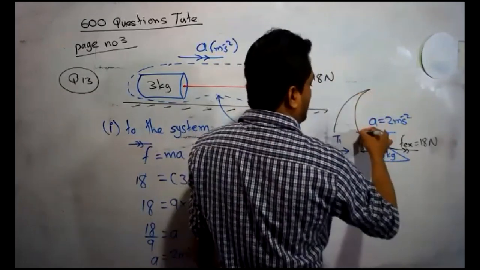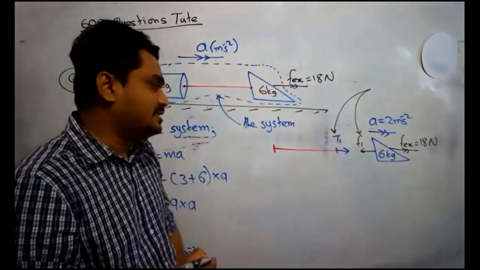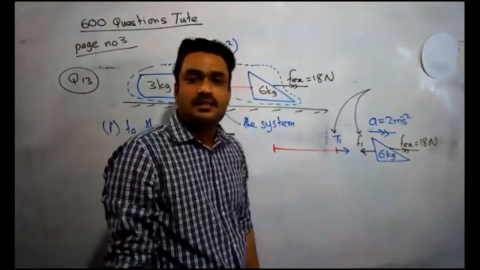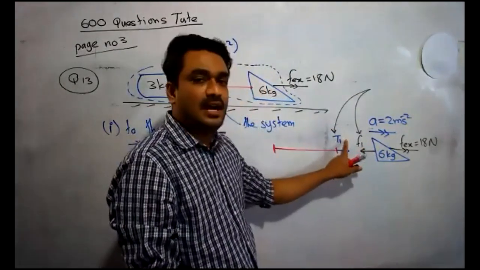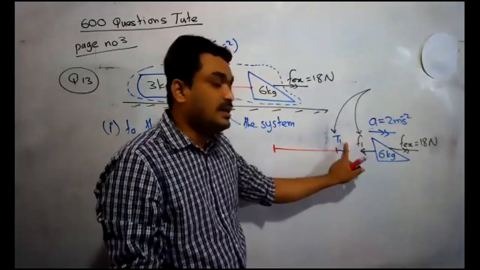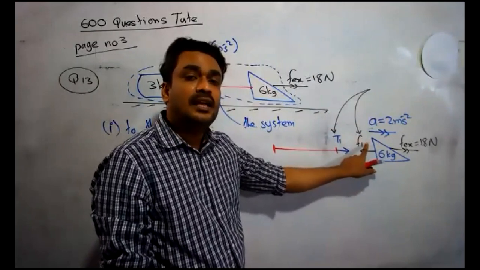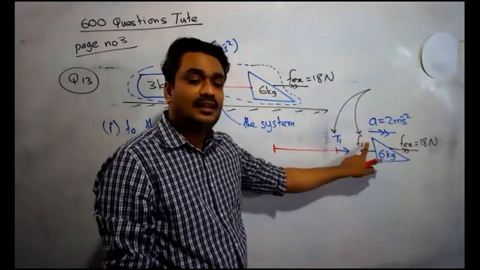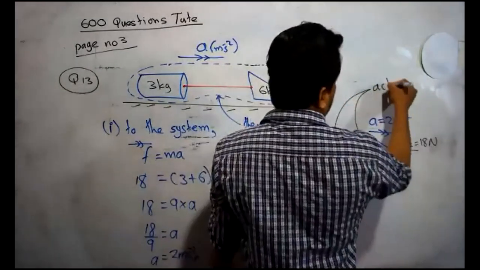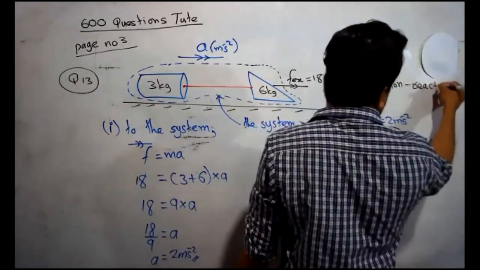This T1 and F1 are equal in magnitude, opposite in direction. Equal in magnitude means if T1 is 100 Newton, F1 will also be 100 Newton. They are said to be action reaction forces.